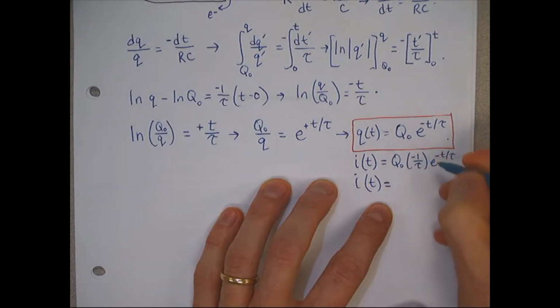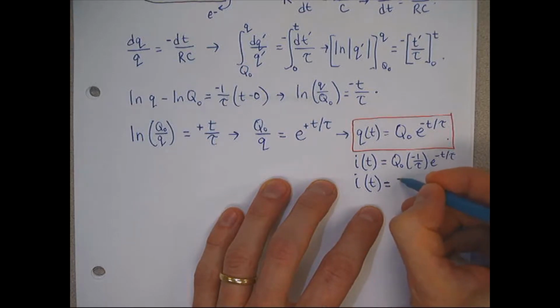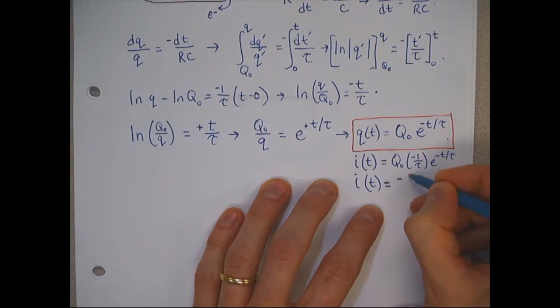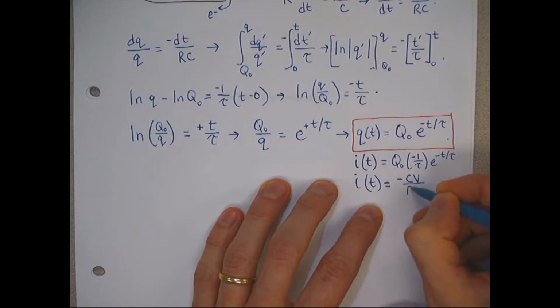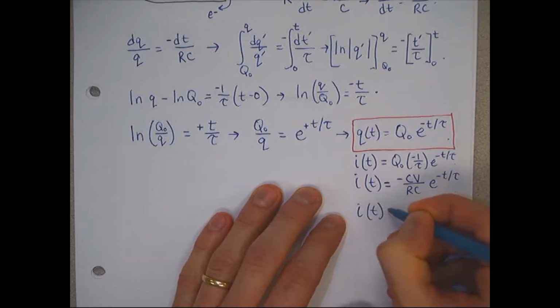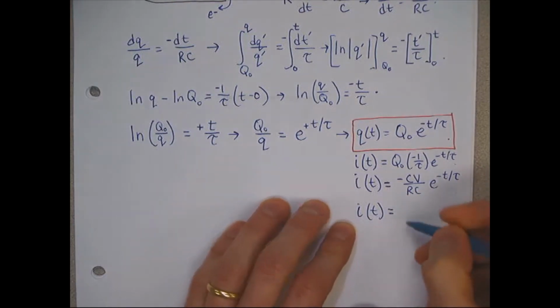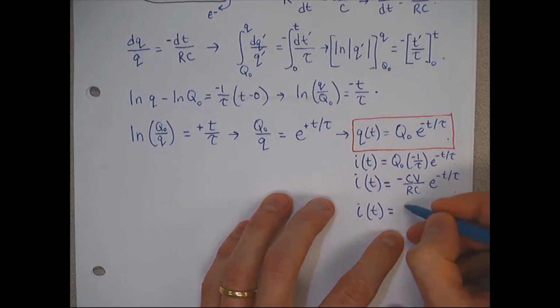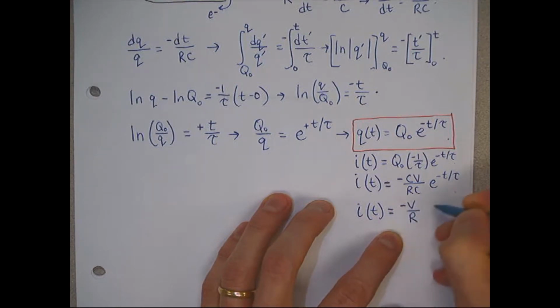Of course, tau is RC, and Q0, that initial state, was CV. We have current negative V over R e to the minus t over tau.